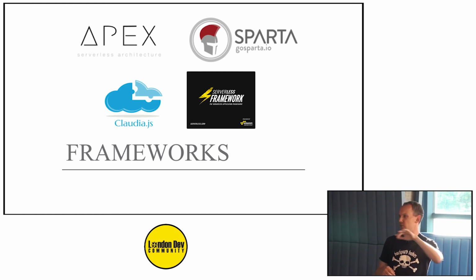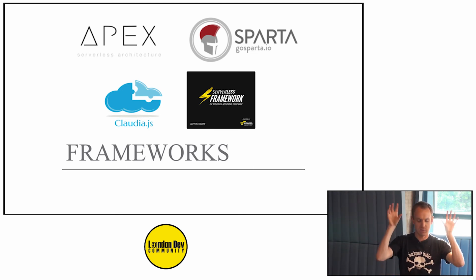Most of these are just NPM packages. They give you some command line tools, and you run this command line, and they take the job of spidering through your hierarchy of files and deploying them to AWS functions. So they handle that deployment bit for you, calling the right AWS APIs and so on.